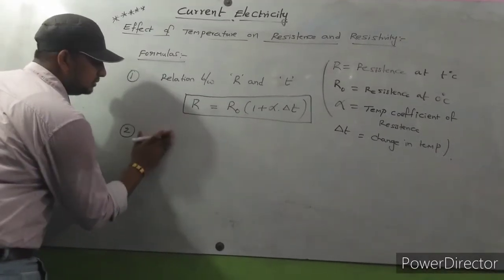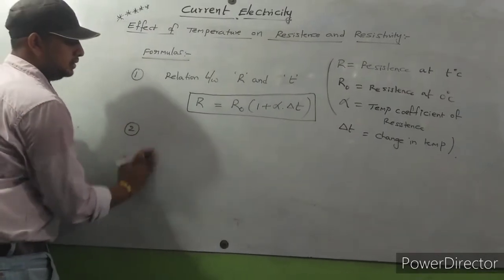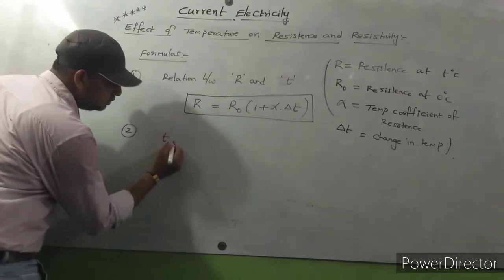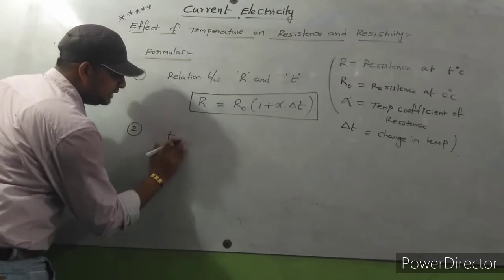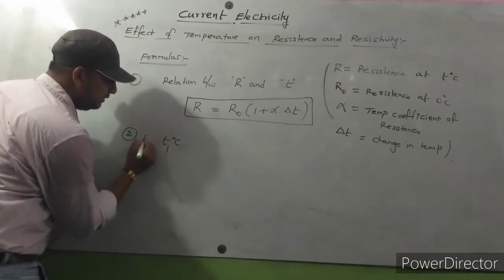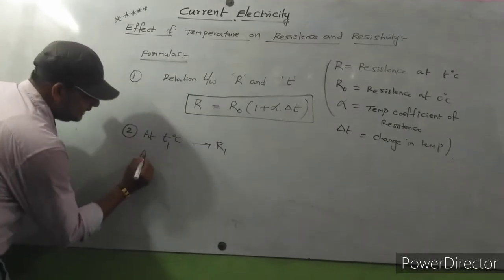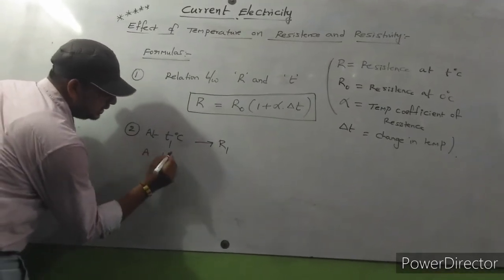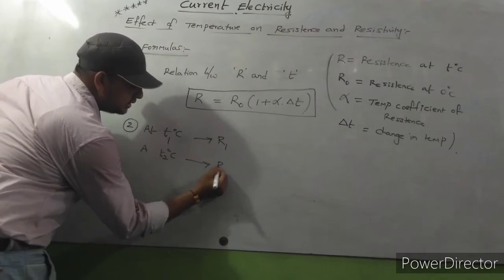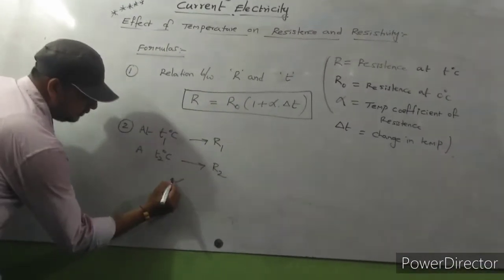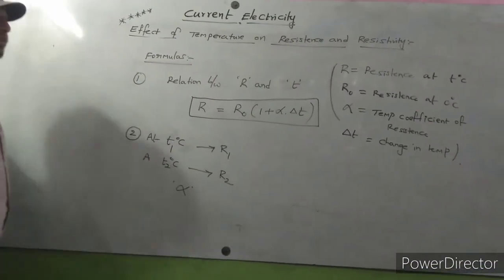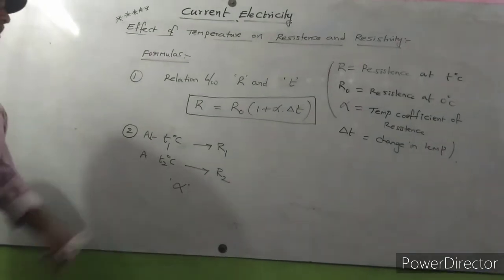Next, the second formula. If at T1 degree Celsius the resistance is R1, at T2 degree Celsius the resistance is R2, and the temperature coefficient of resistance is alpha.